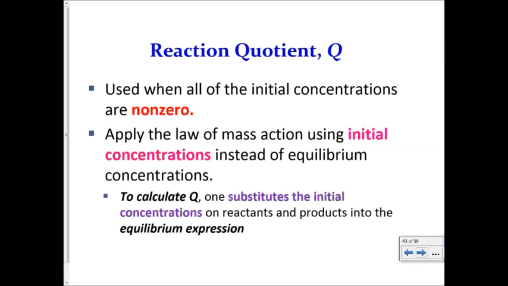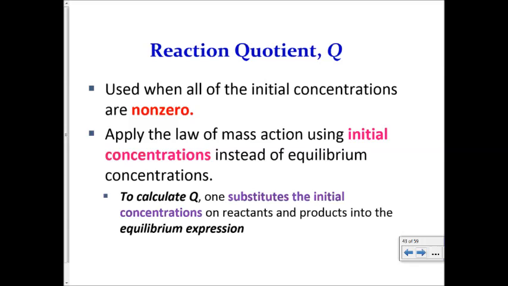A couple of things about the reaction quotient. You have initial concentrations, they're non-zero. You're going to substitute them into the equilibrium expression. And the value you get out of that is not K, it's the Q value. You're going to take that Q value and compare it to your K to figure out which way it's proceeding in order to establish equilibrium.